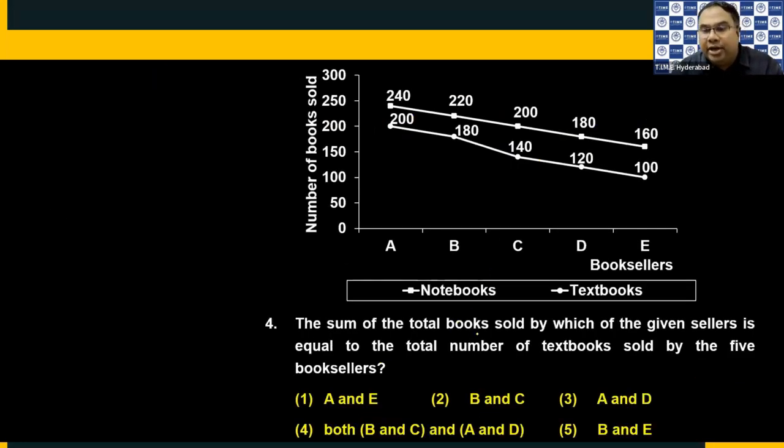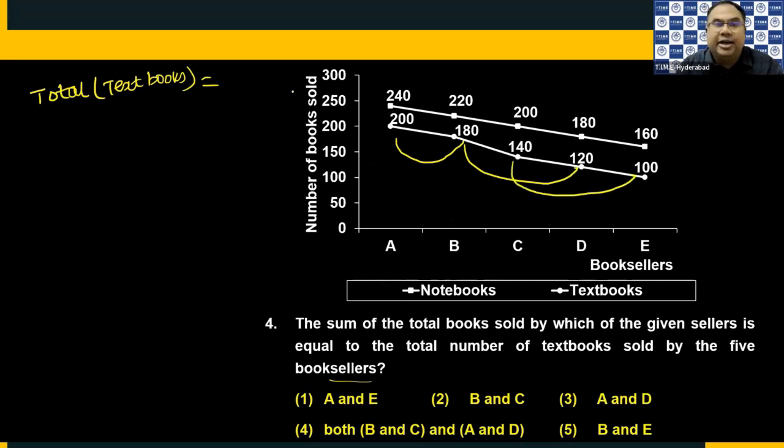Sum of total books sold by which of the given sellers is equal to the total number of textbooks sold by all the 5 booksellers? So what is the total of textbooks? We will add textbooks: 200, 180 plus 120, 300, 500, 640, 100, 740.